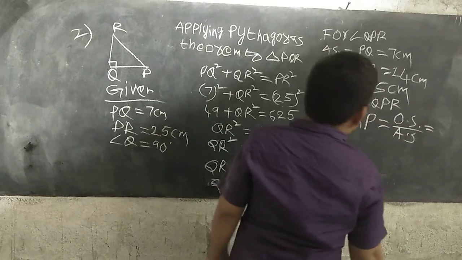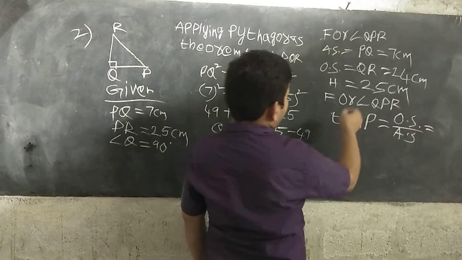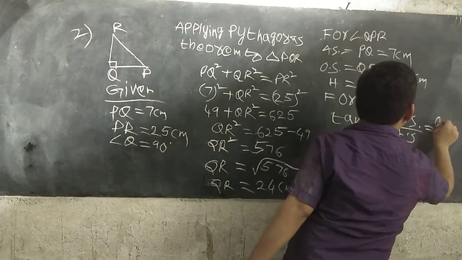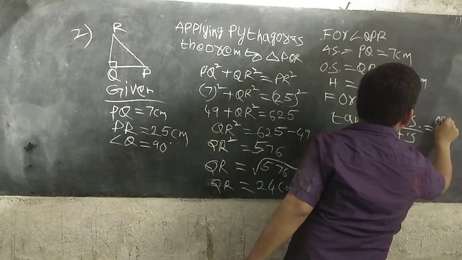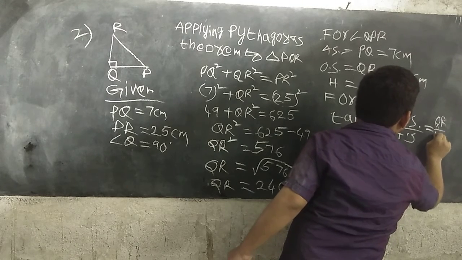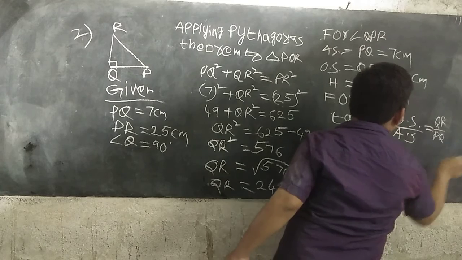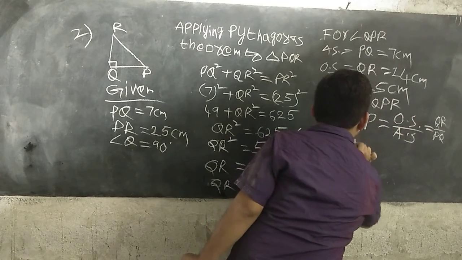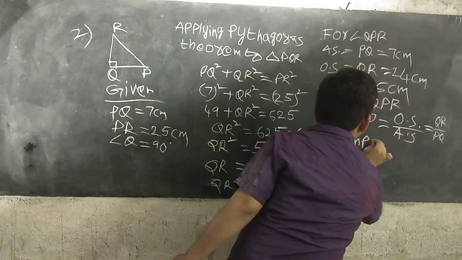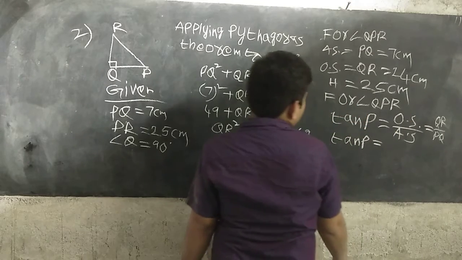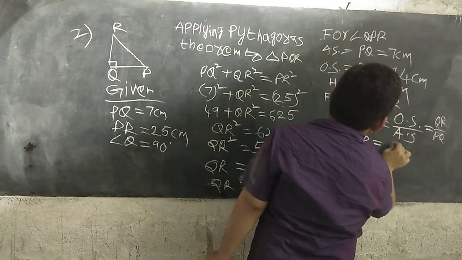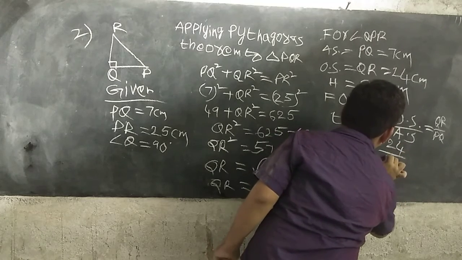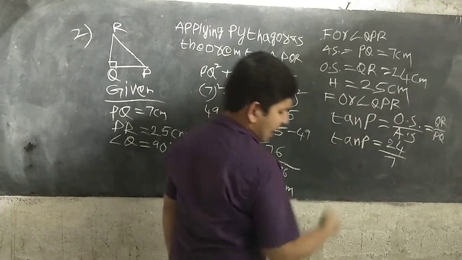Opposite side by adjacent side equal to what? QR by PQ. Now, tan P equal to what? QR equal to what? 24 by 7. Okay? This is tan P value.